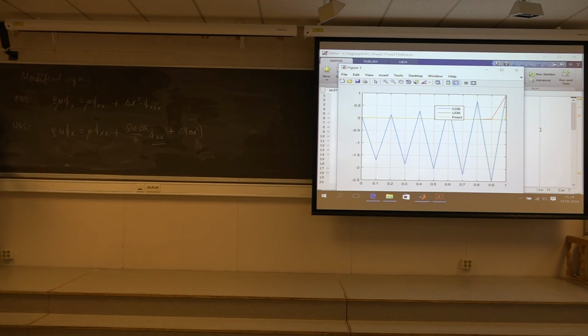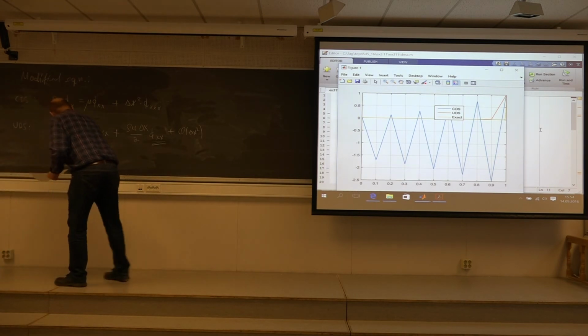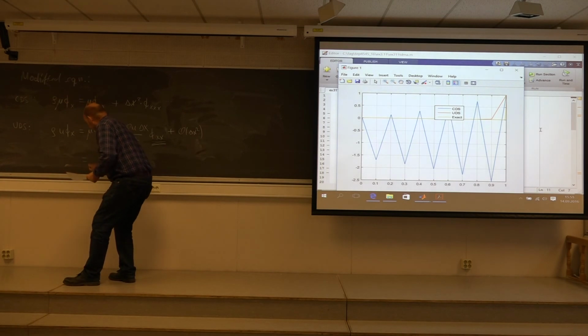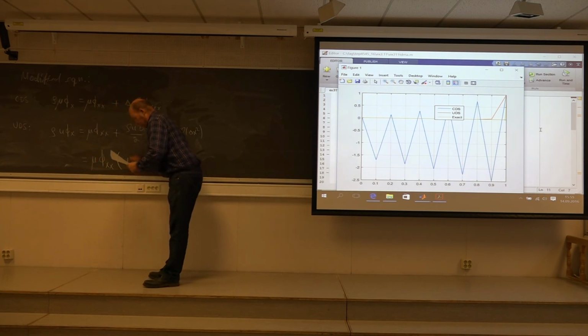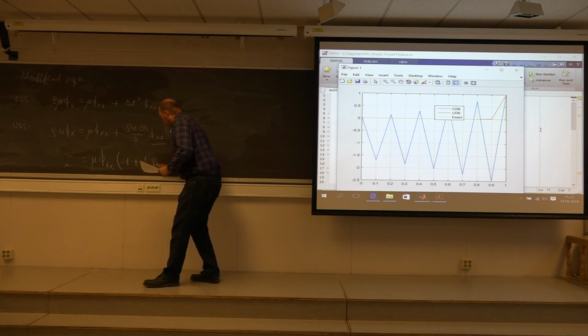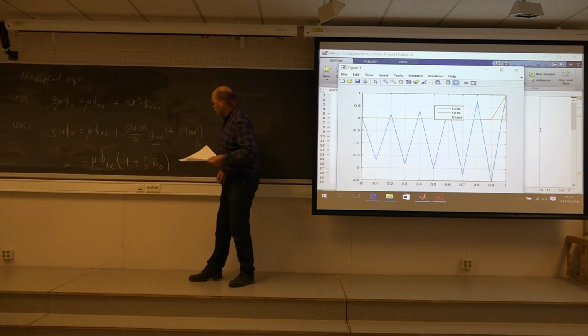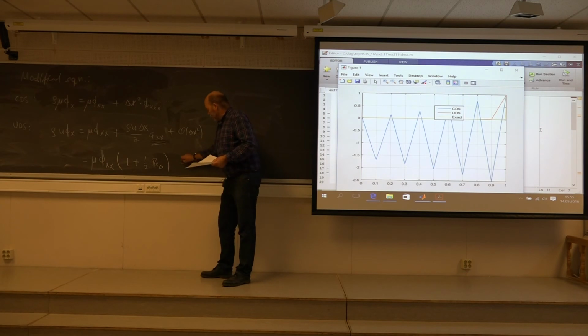And also, if you rewrite this one a little bit, you can write it on this form, equals mu phi xx, and inside here now you will have 1 plus 1/2 of the cell Reynolds number, and then plus these even higher order terms.